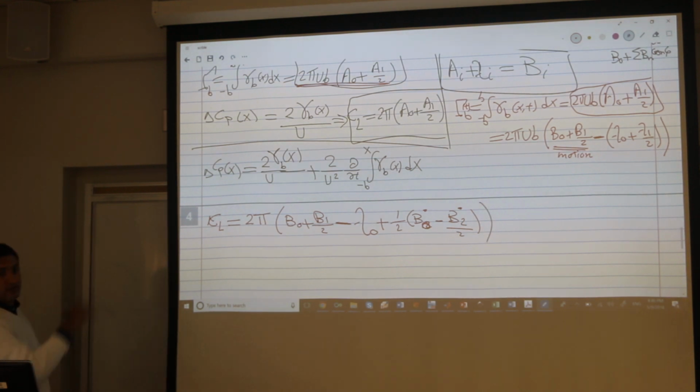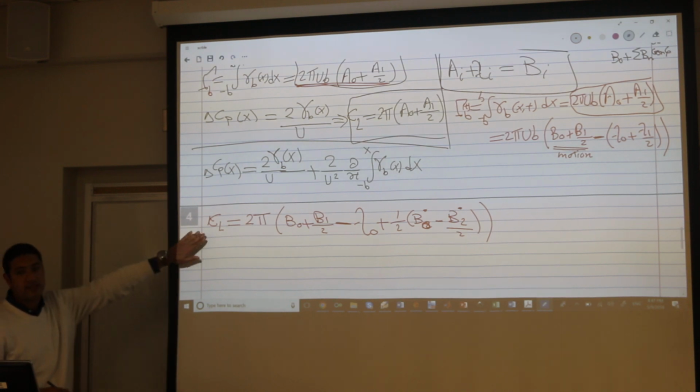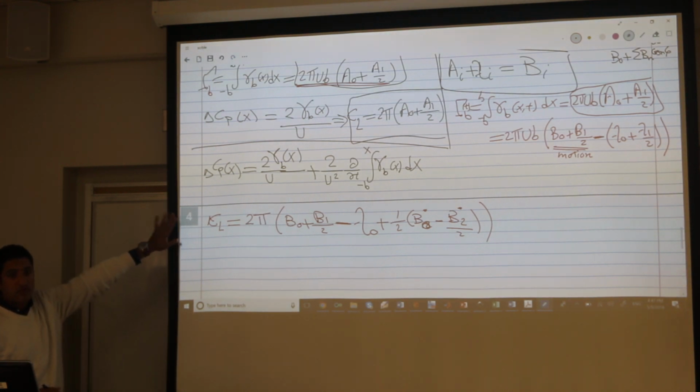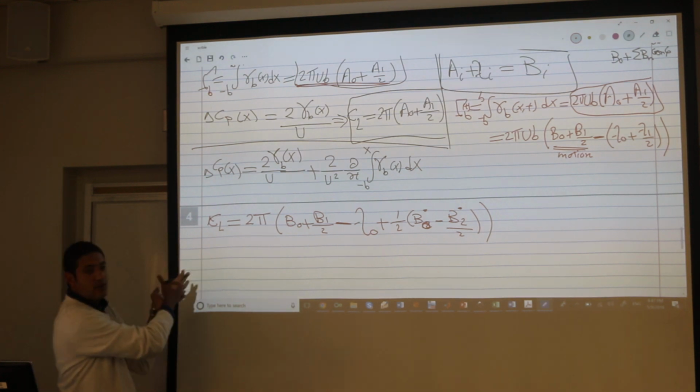This is what you get just by direct integration. This is the total lift. There is no division here between circulatory and non-circulatory, so we need to extract the circulatory and non-circulatory parts.